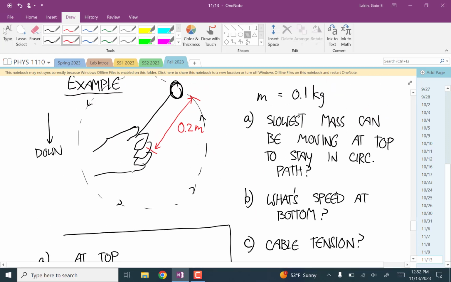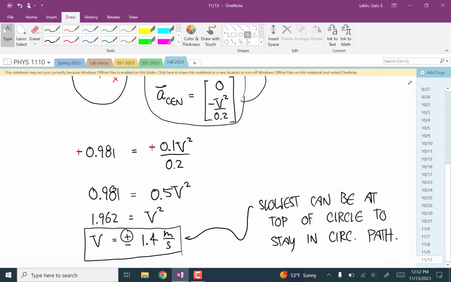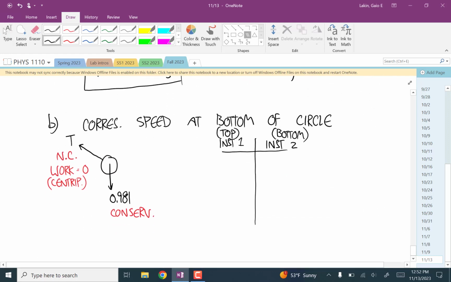I'm going to choose the bottom. Okay. So at the top of the circle, what's the gravitational potential energy? It's the mass times 9.81 times the height.